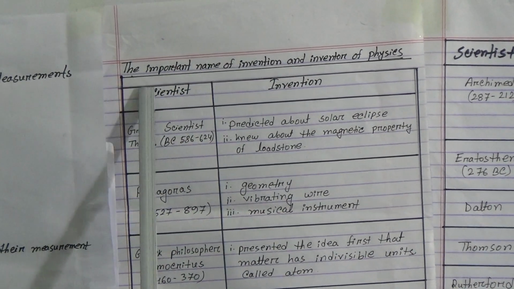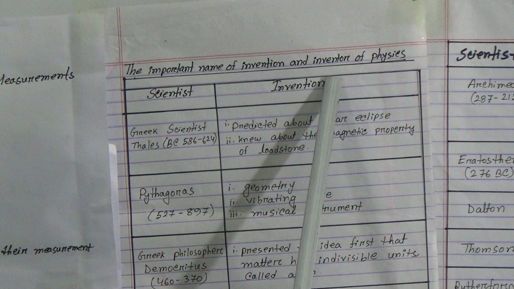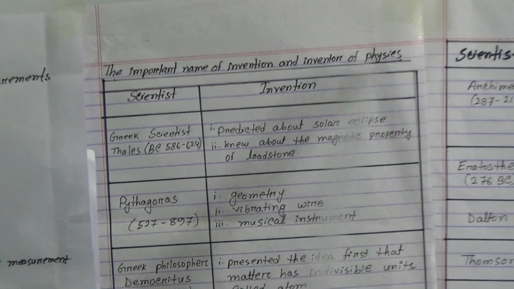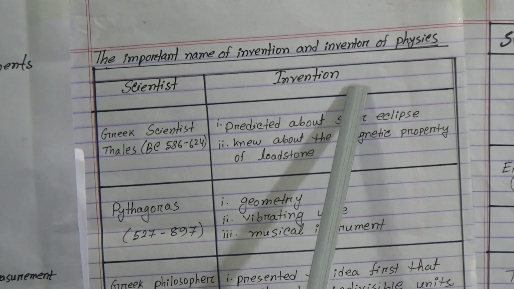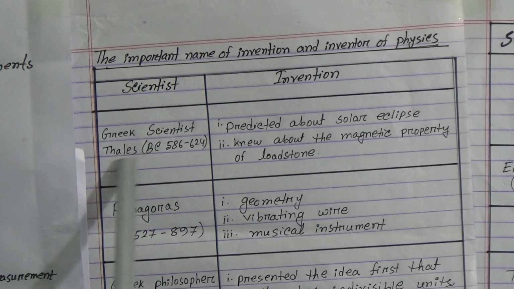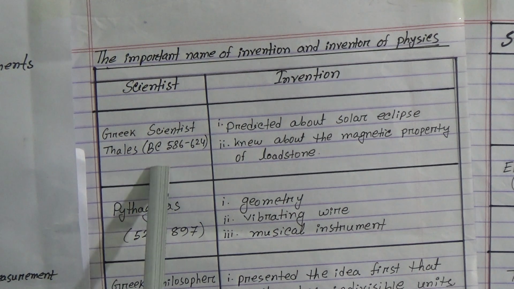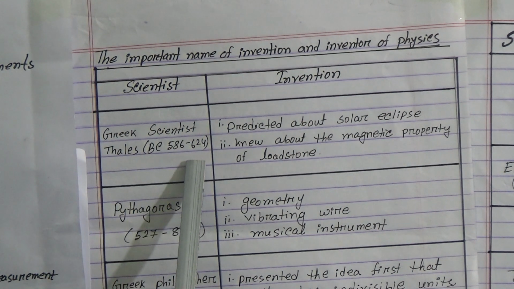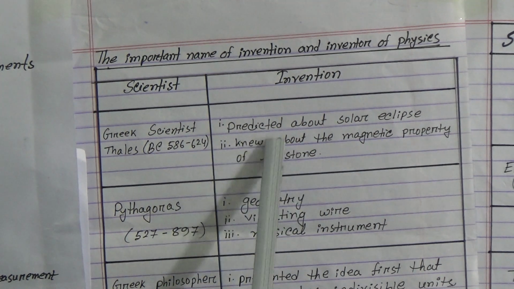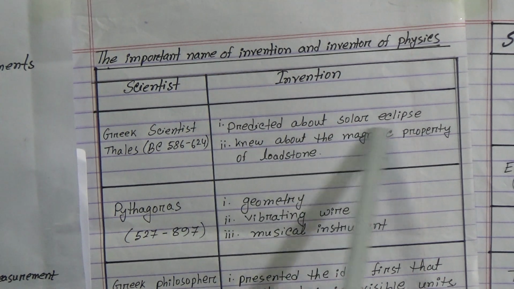Part 1, the important names of inventions and inventors of physics. Here is the name of the scientist, here is the invention. Scientist name, Greek scientist Thales, 624 to 586 BC. Invention: predicted a solar eclipse.